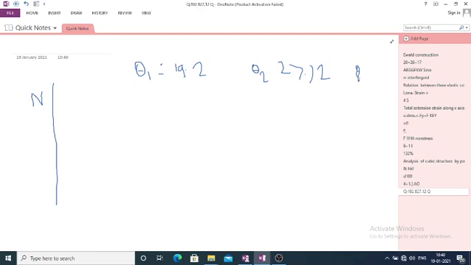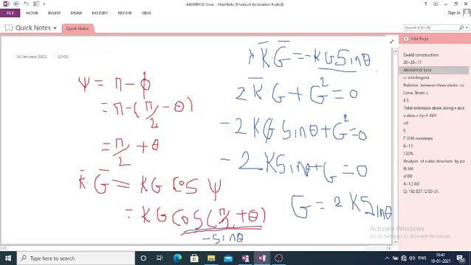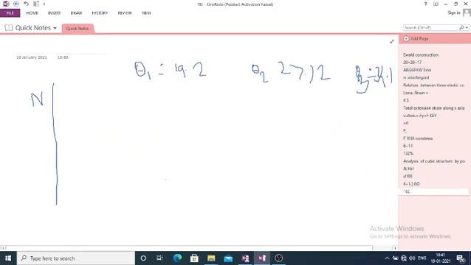What is the value of theta 3? You should remember, 34.73. By determining the value, for the second order, suppose n is 2, we get the value 0.0541.